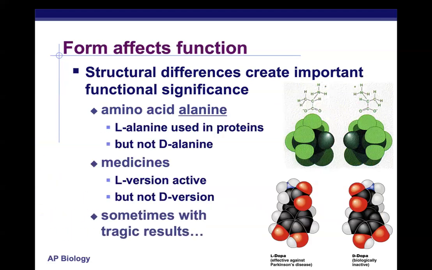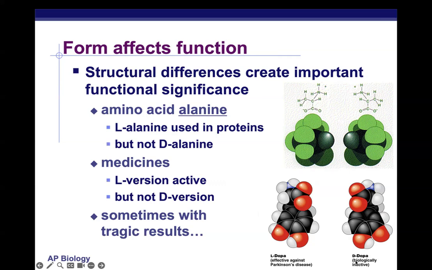For example, there's an amino acid we'll learn about called alanine, and there are two different isomers, L-alanine and D-alanine, and only the L version is used in proteins. The D isn't, right? In medicine, for different therapeutics, for example, L-DOPA is a medication that's effective for treating, not curing, Parkinson's.